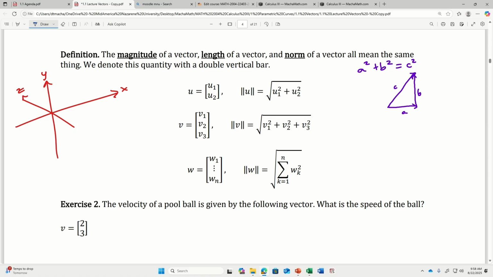The norm of a 4-dimensional vector, 5-dimensional vector, and so on. Okay.